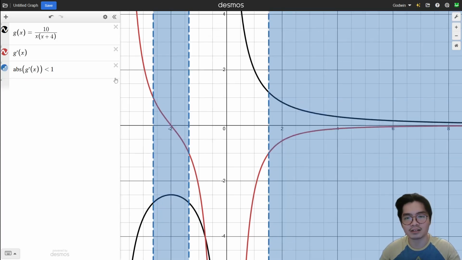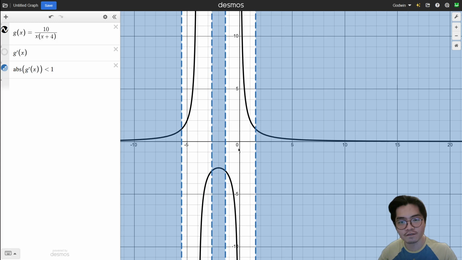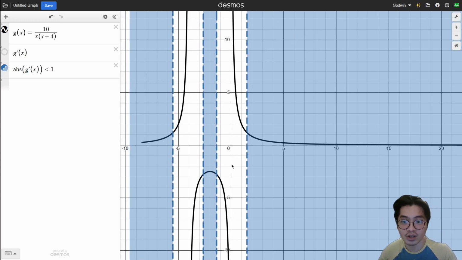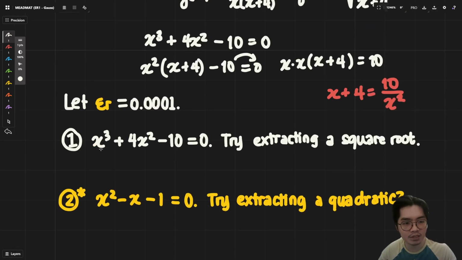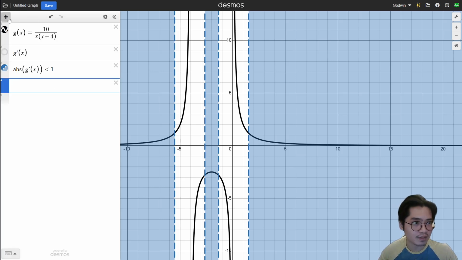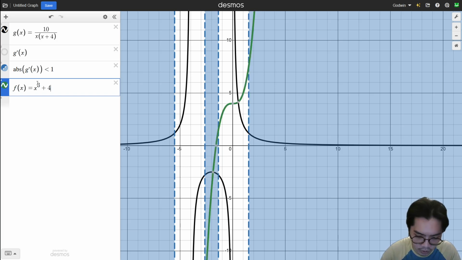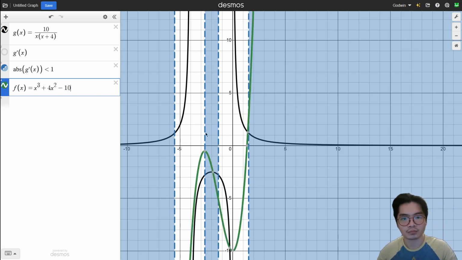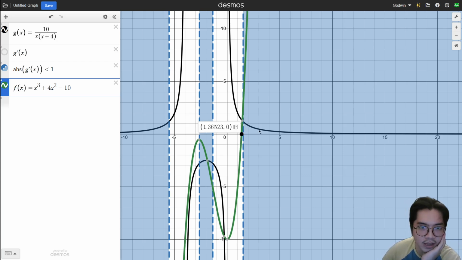So that means, using Desmos, of course, we can get here different values wherein your fixed point iteration will actually work. So let's have here our original, which is x cubed plus 4x squared minus 10 is equal to 0. You will have here only one root, which is at 1.36523, right?